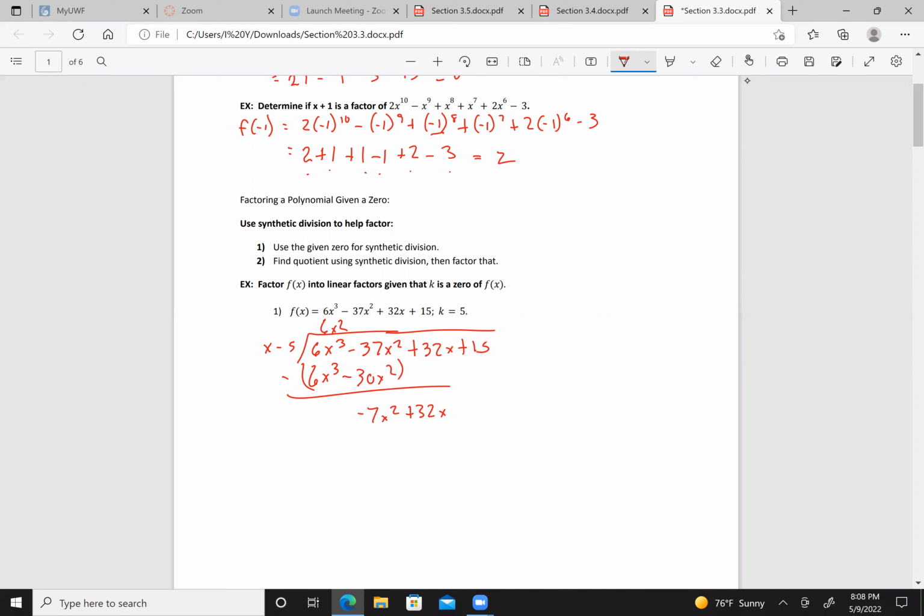So now I have minus 7x, which gives me negative 7x squared plus 35x. Again, subtracting the whole thing, I end up with negative 3x plus 15. So minus 3 gives me negative 3x plus 15, which gives me 0. So that's one factor, x minus 5.